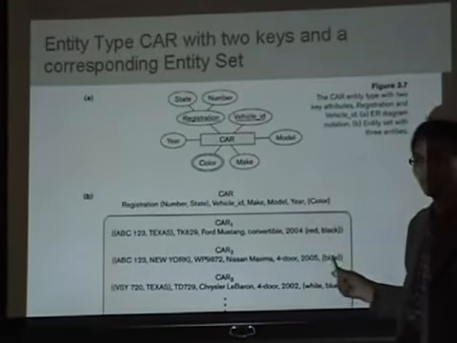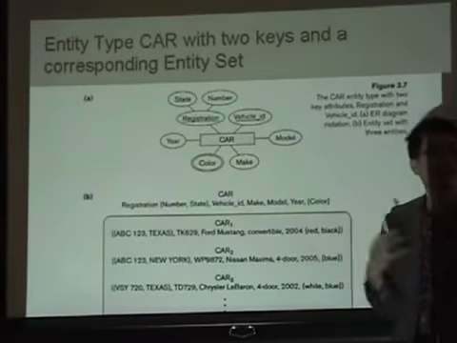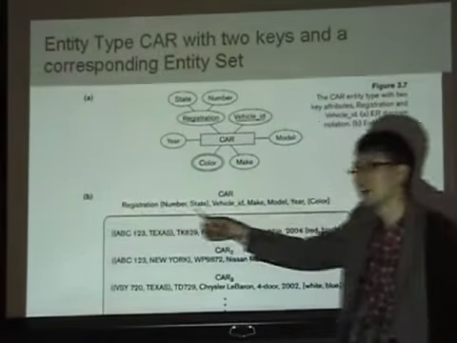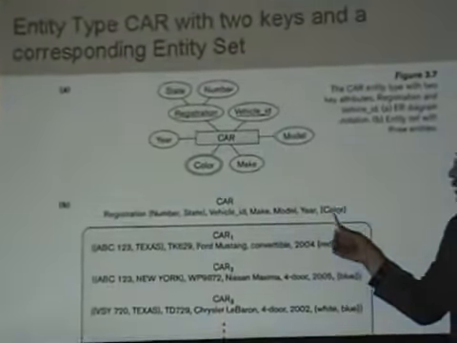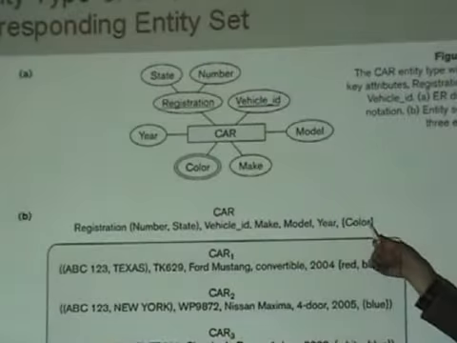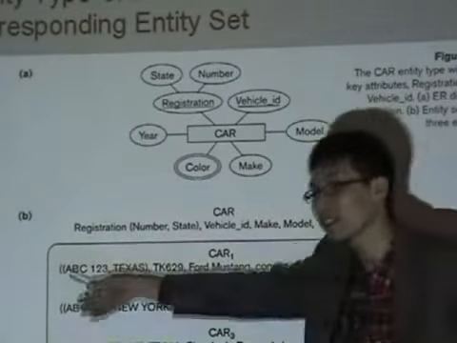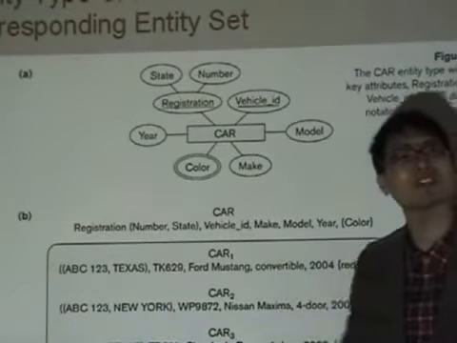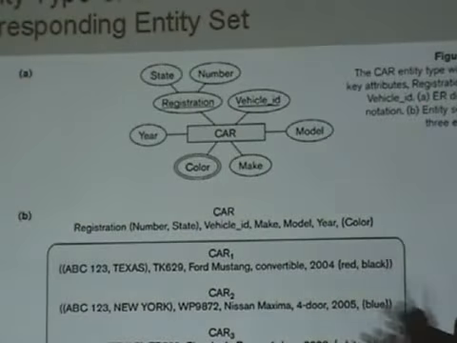Color is a multi-valued one, right? Then, this is the car entity type, including registration, vehicle ID, make, model, year, and color. Then all together is called the entity set, car entity set. However, informally, we are going to use just simply this entity, car entity.